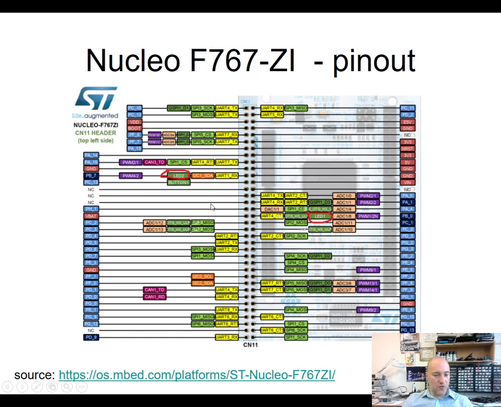And from two weeks ago, we probably remember that the third LED, the red one, was connected to PB14. So the very first example that we will do will be controlling PB14, PB7, and PB0. Those will be the LEDs on the board.